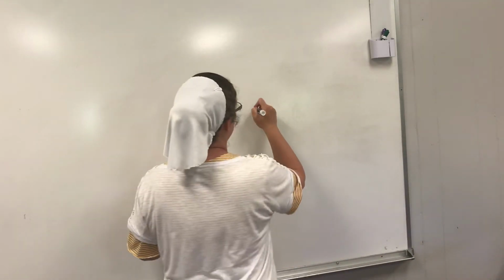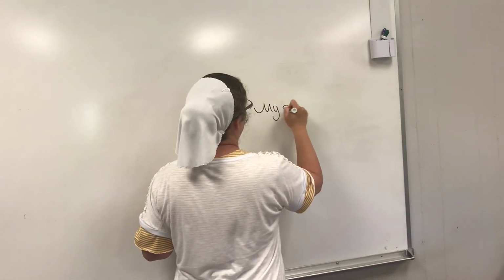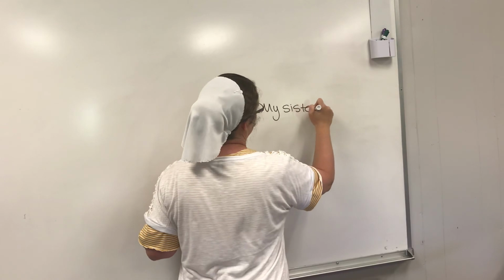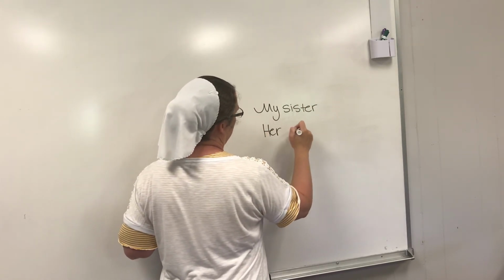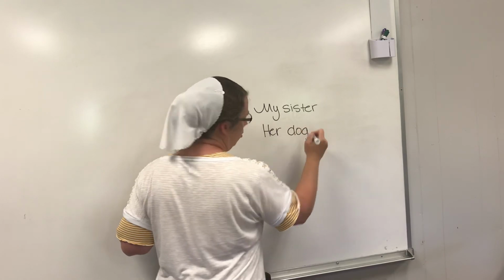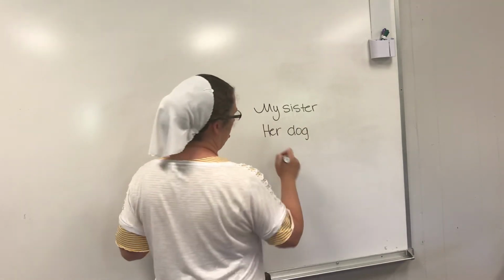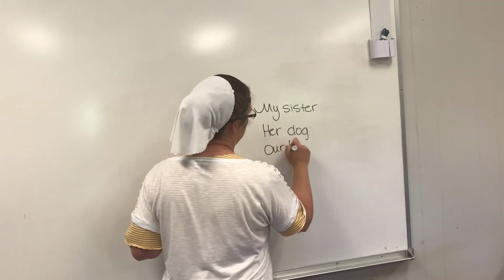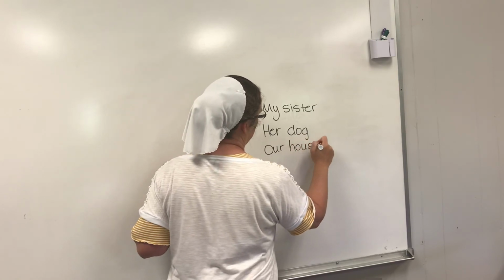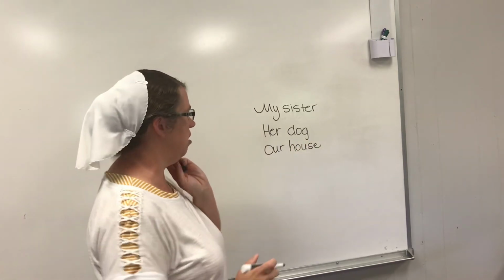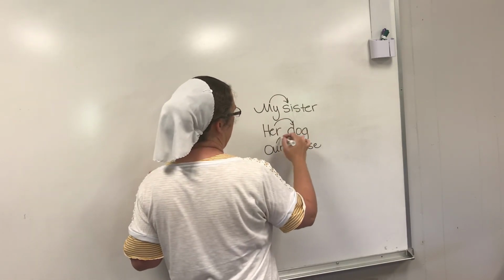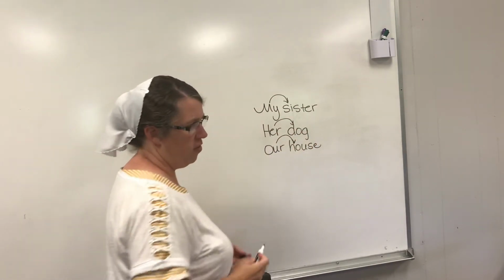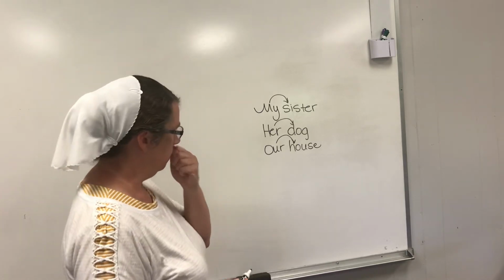You write it up here: my sister, or her dog, or our house. These are adjectives. They're describing something. They're describing a noun. These function as adjectives.